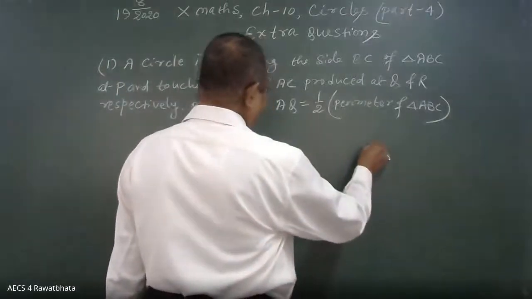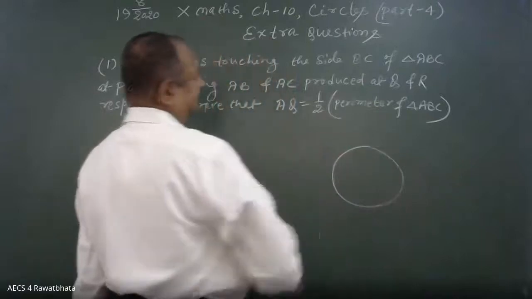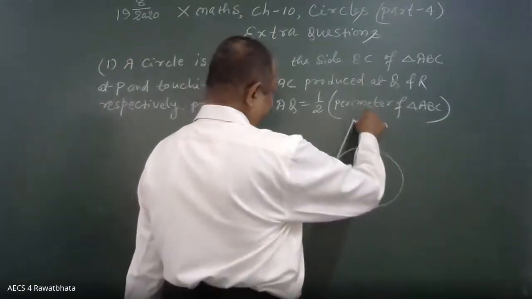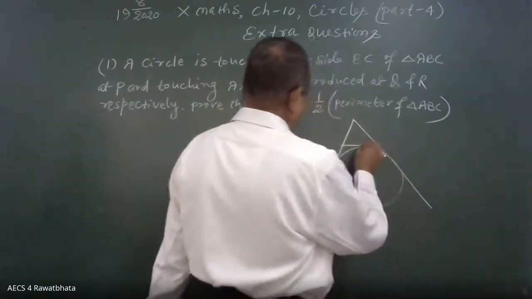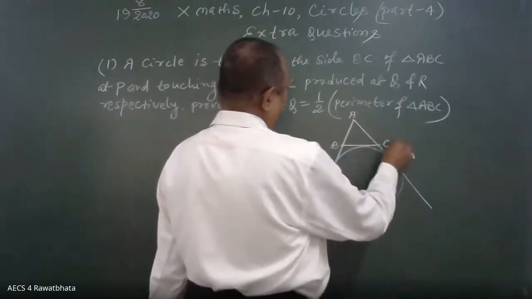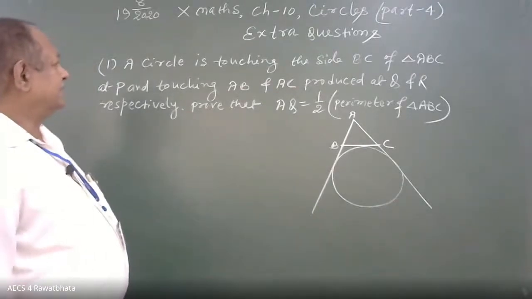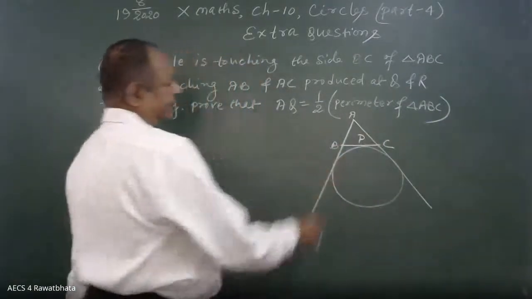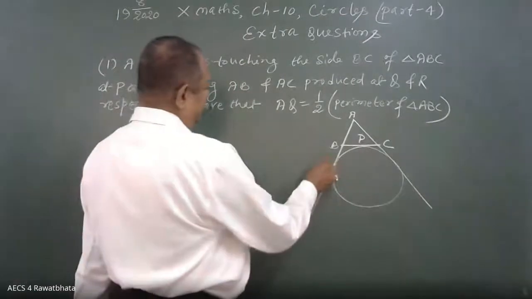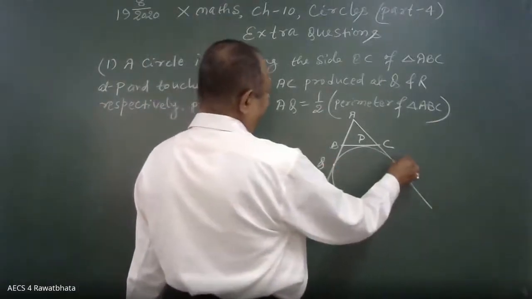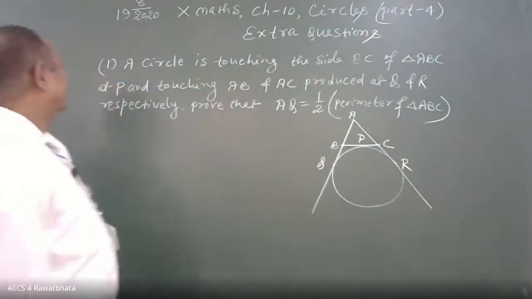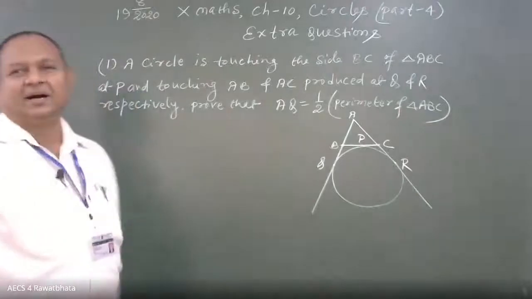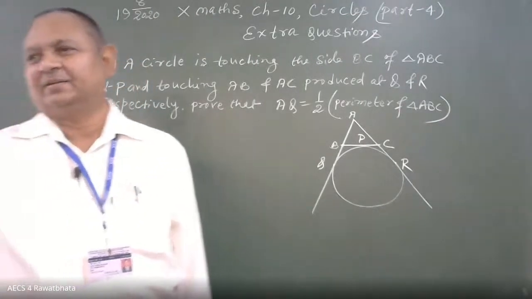This is a circle, and ABC is a triangle touching the circle at P. This point is point P, and side AB is produced and touches the circle at Q, and the produced side AC touches the circle at R. We have to prove that AQ is half of the perimeter of triangle ABC.